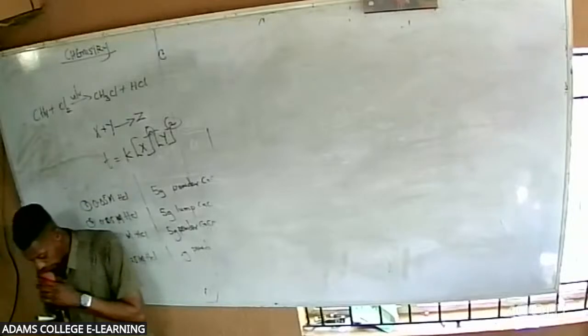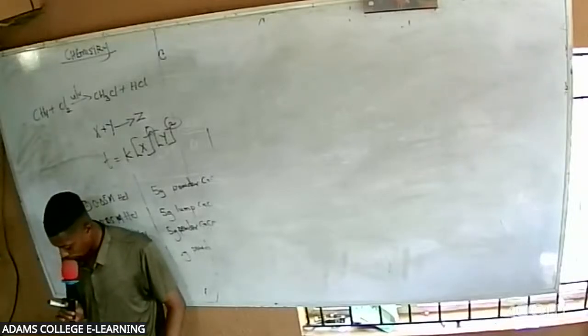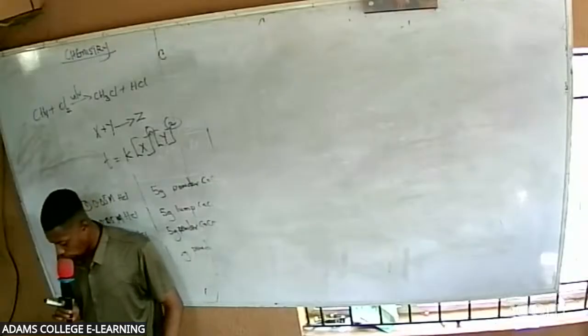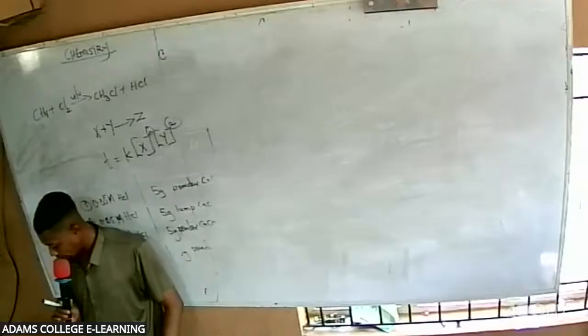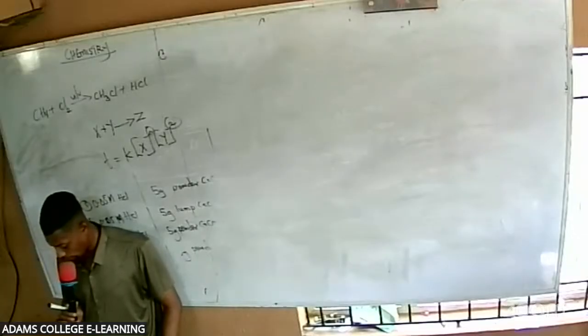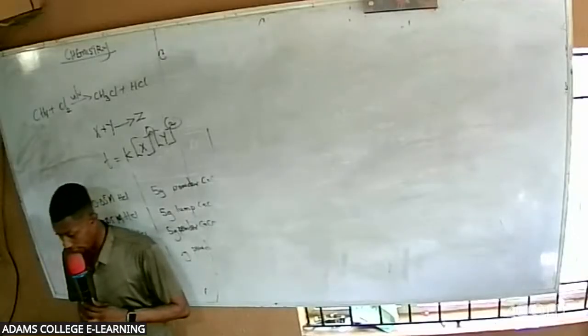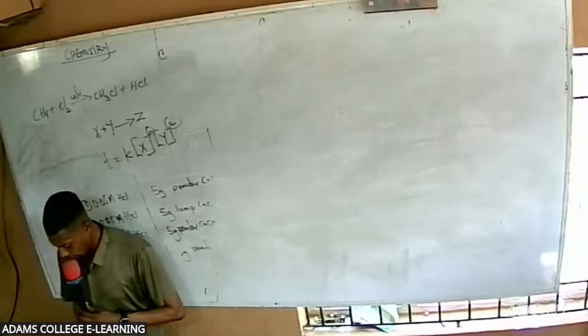The heat of reaction for CaCl2 in kilojoules per mole is option A, minus 71.1.